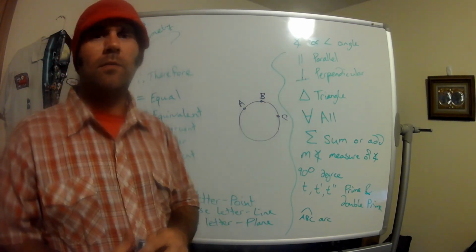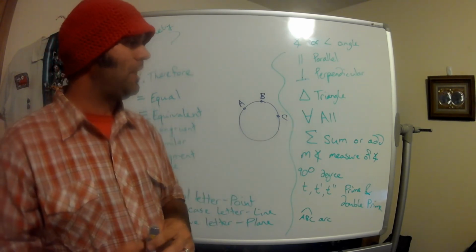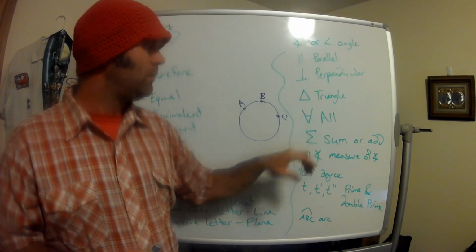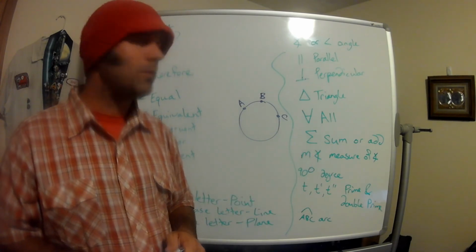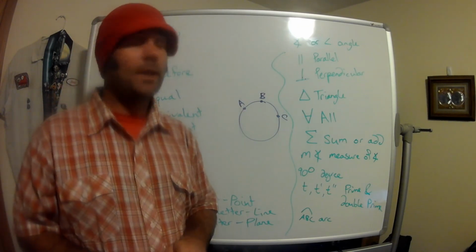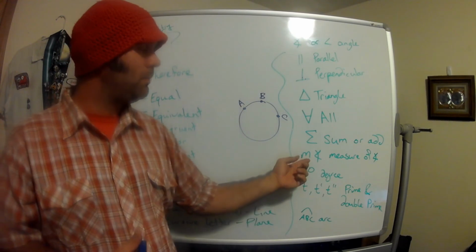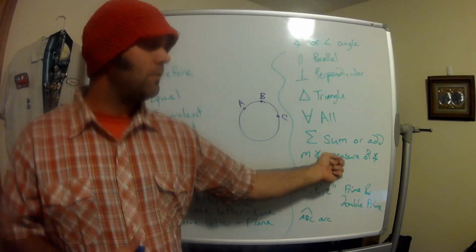The triangle is a symbol for triangle. Upside down capital A is all. We've got the E, the funny looking Greek letter E, epsilon I believe, is sum or add. Measure of angle, so the little m just means that we're finding its measurement.